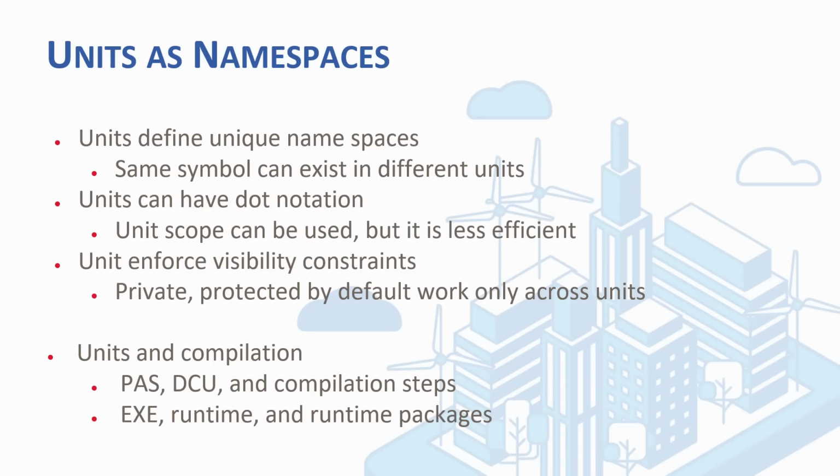As we'll see in a second, as we go for a visual application, when you're creating an executable, there are basically two options. One is you can build everything into the executable itself, like it happens for a console application, or you can build it with runtime packages. This means that you have a set of DLLs, technically called BPL, Borland Package Libraries, that you have to distribute along with your application.